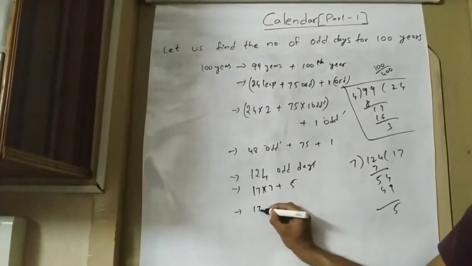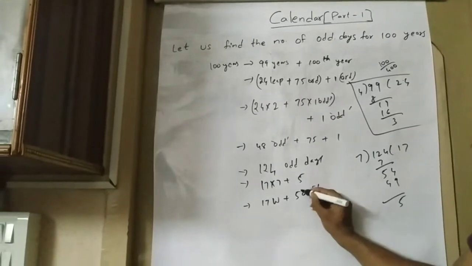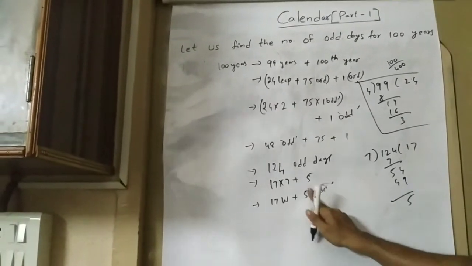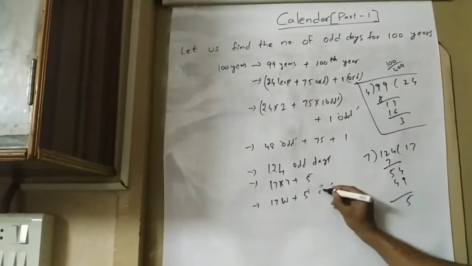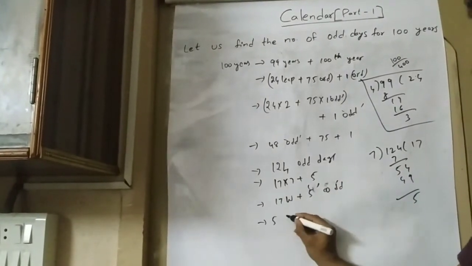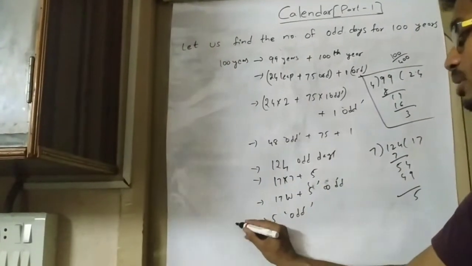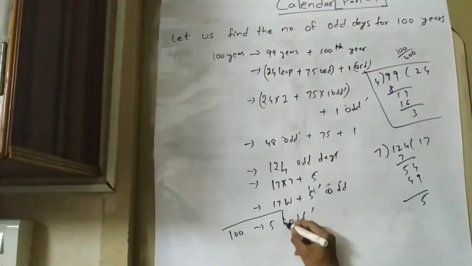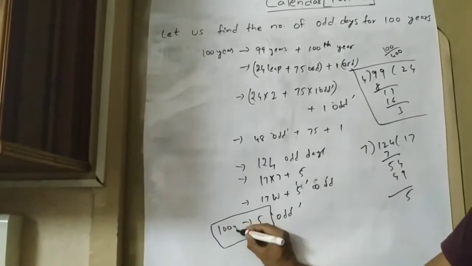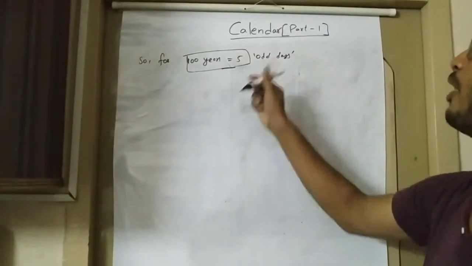So 17 complete weeks plus 5 odd days. So for 100 years, there are 5 odd days.